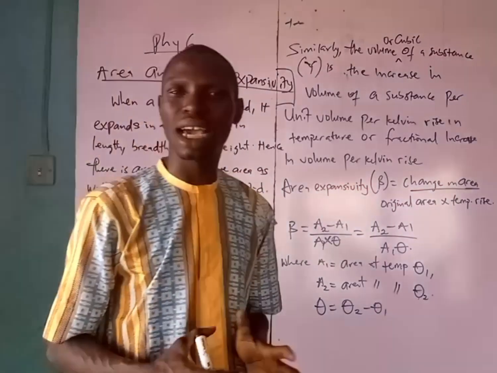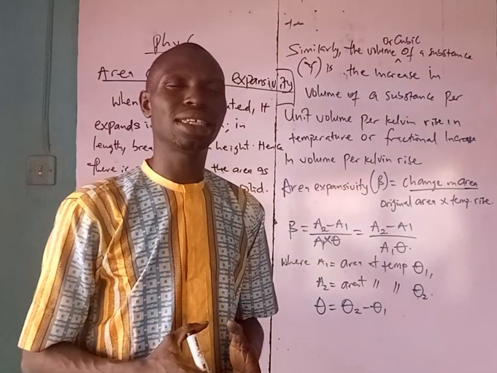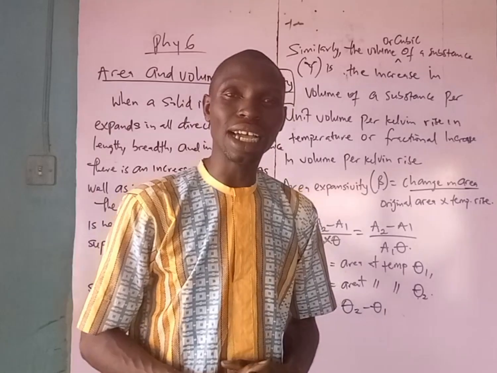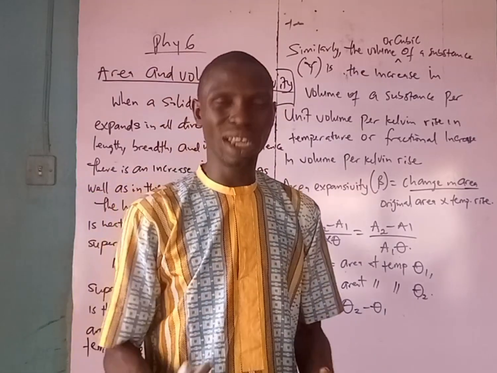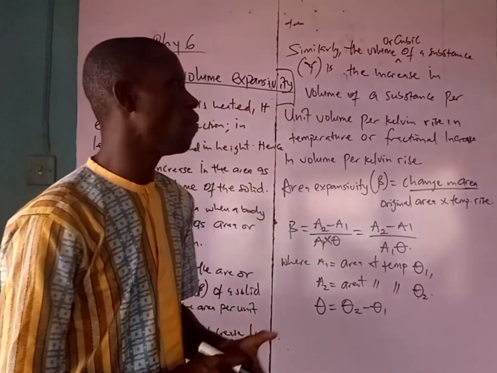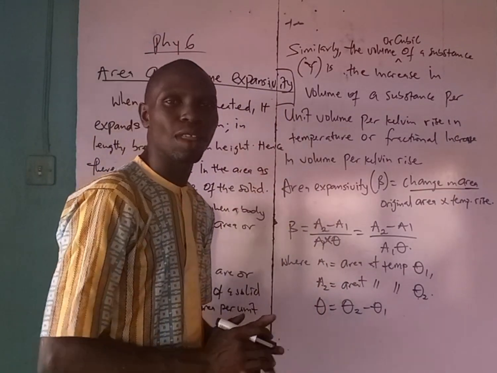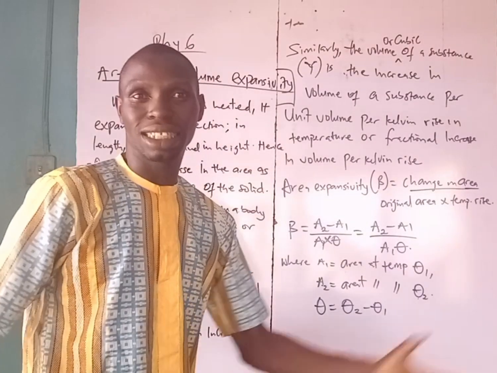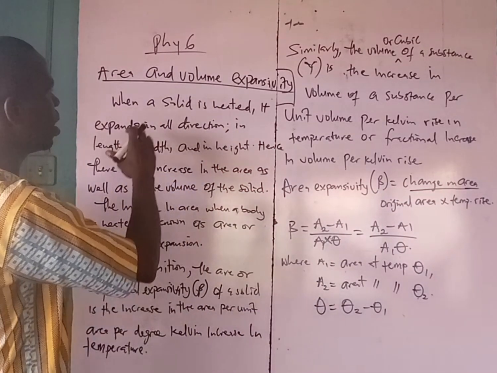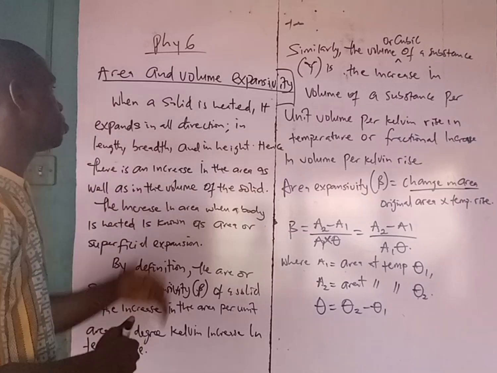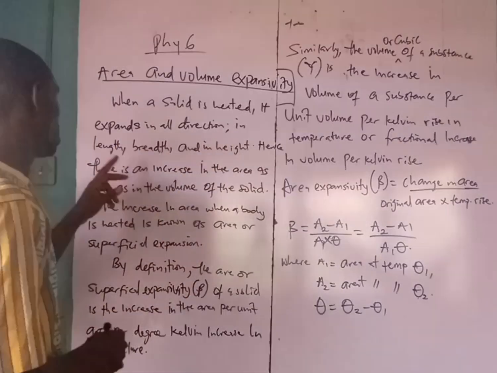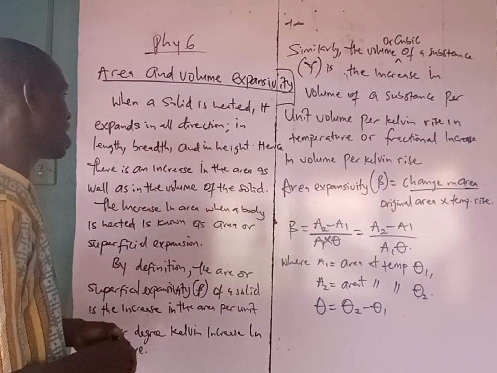Since there is an increment in all of these, automatically the volume and the area will increase. So let's see how to calculate the increase in the area and volume of a solid after it has expanded. When a solid is heated, it expands in all directions, that is, in length, in breadth, and in height.